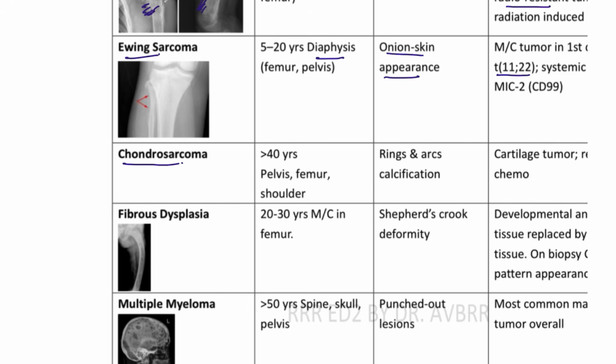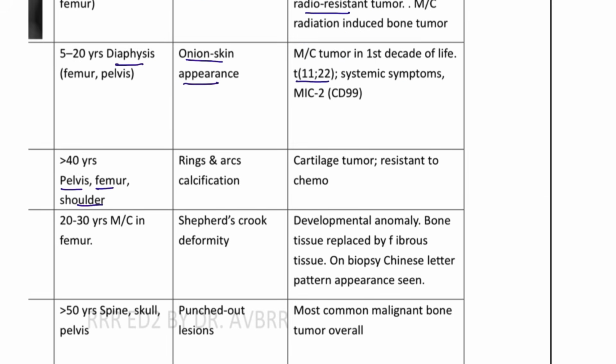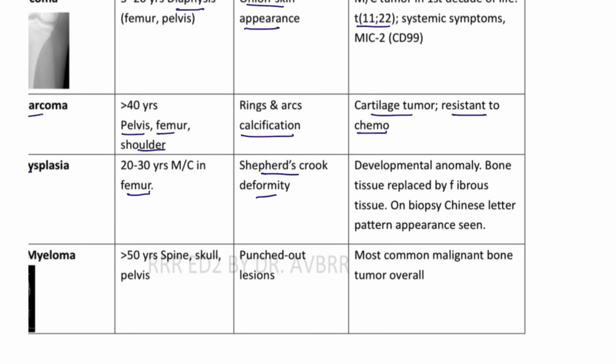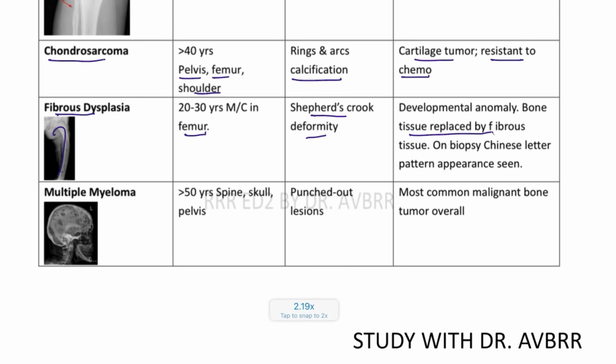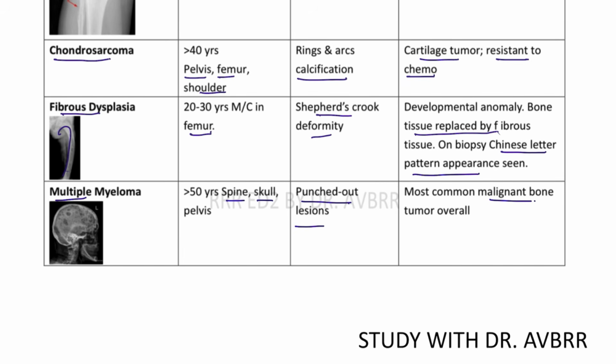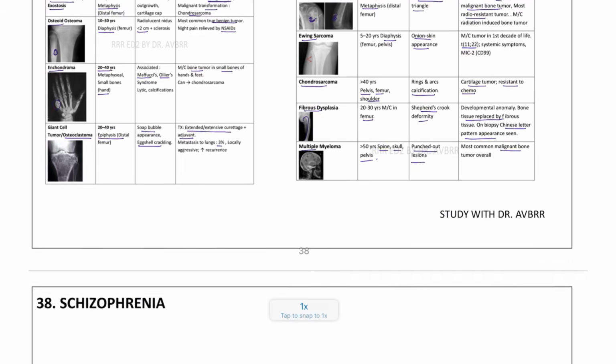Next, chondrosarcoma involves the pelvis, femur, shoulder, with rings and calcification seen; a cartilage tumor resistant to chemotherapy. Fibrous dysplasia involves the femur, with Shepherd's crook deformity, and bone tissue is replaced by fibrous tissue. On biopsy, you can see Chinese letter appearance. Multiple myeloma, most common malignant bone tumor, with punched out lytic lesions, involving the vertebrae, skull, and pelvis.